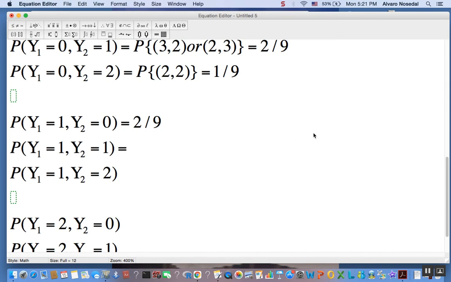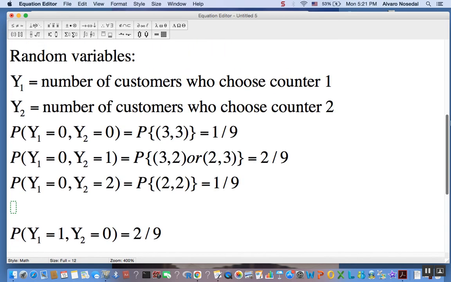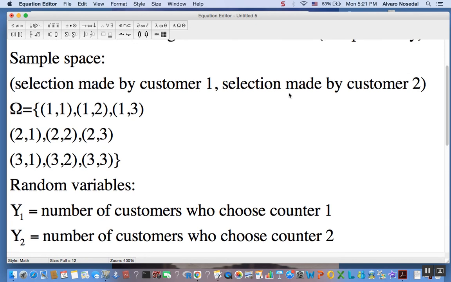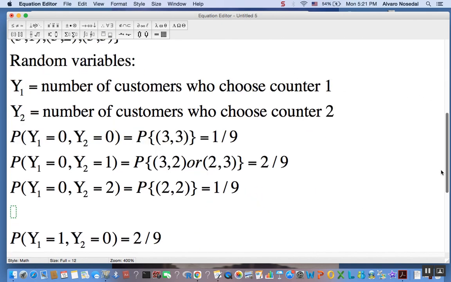Now y1 equals 1, y2 equals 1, okay? So that would be 1, 2 or 2, 1, right? So again, 2 over 9.